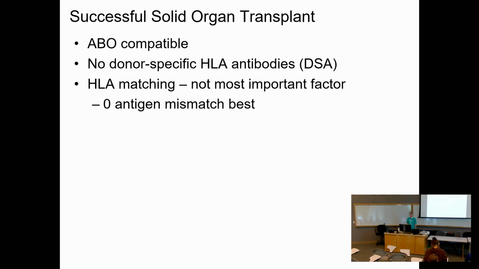So what makes her a successful kidney transplant is they're ABO compatible, no donor-specific antibody in the recipient, and then matching. But the matching, to answer your question, is not the most important, but to have 0 antigen mismatch or a complete match is really the best.